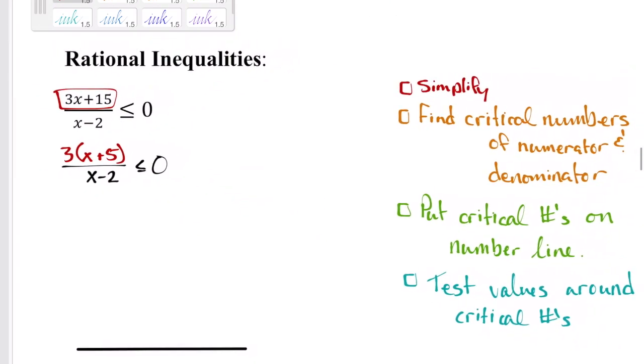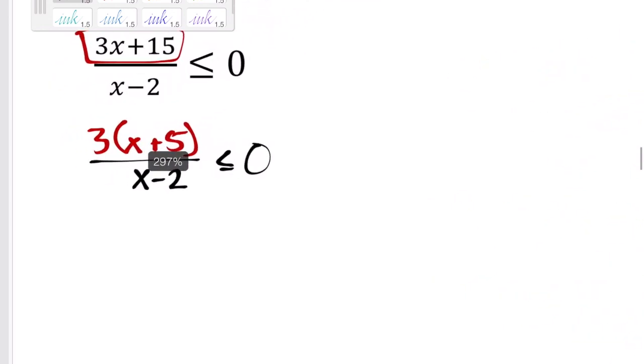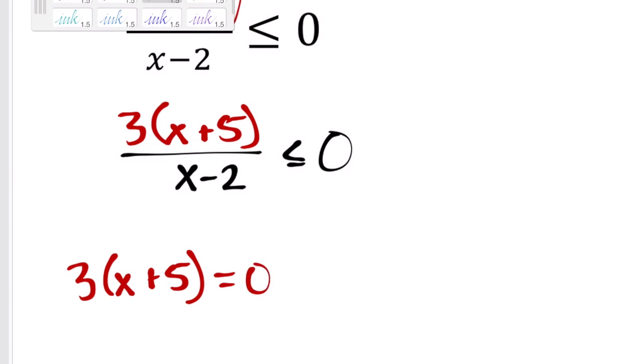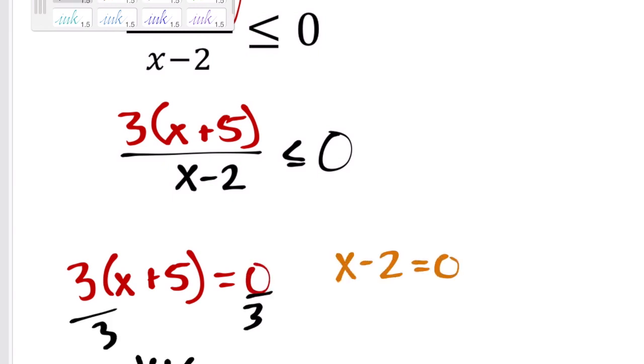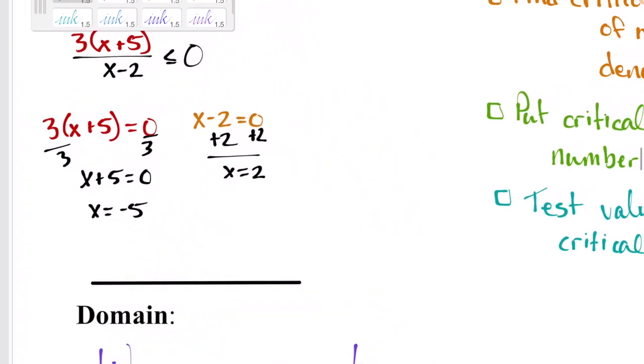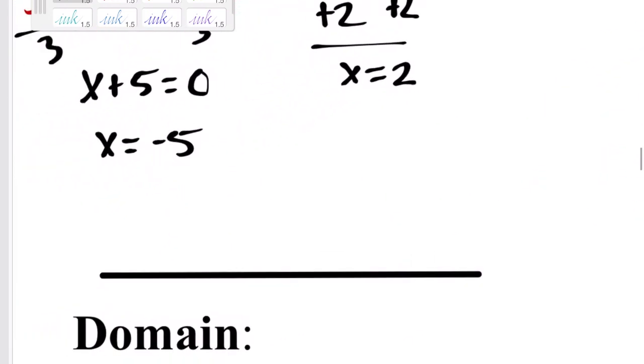Next, I want to find my critical numbers. And so those critical numbers, those critical values, are just setting the top and the bottom equal to 0. So I've got my numerator that I'm going to set equal to 0, and then my denominator. Now that I've got my critical values, I'm going to put those on my number line.